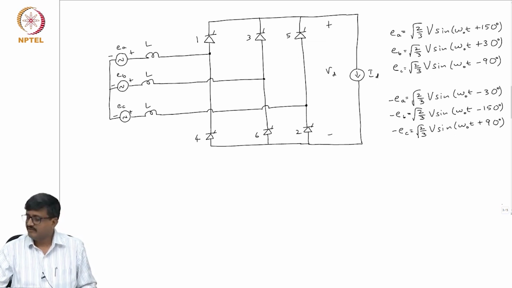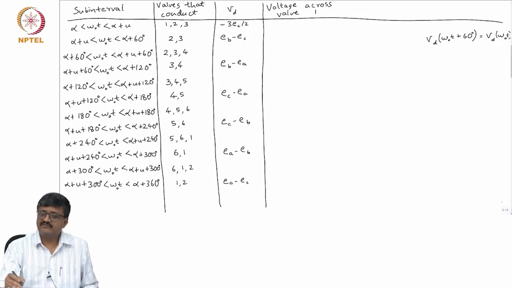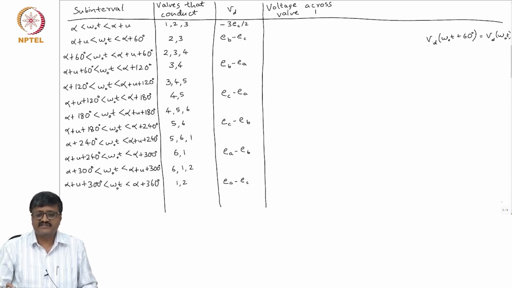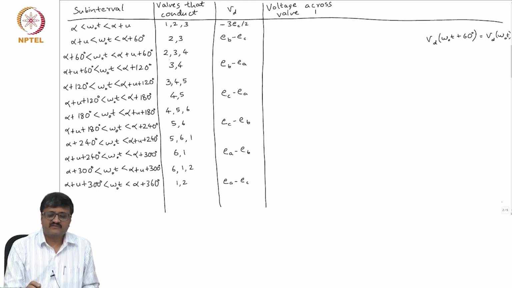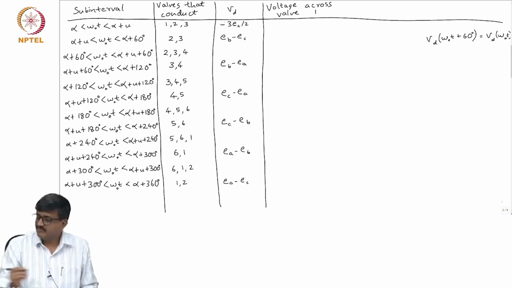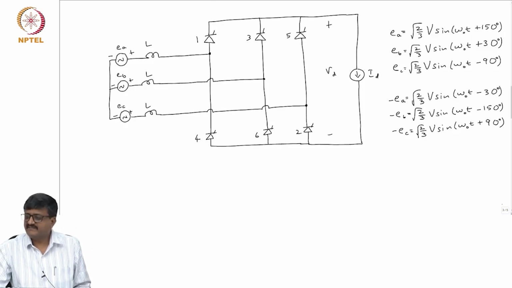So, I can use this information and also the fact that the DC side voltage is periodic with 60 degrees to get an expression for VD. I have to take some voltage among EA, EB, EC, minus EA, minus EB, minus EC, which is lagging minus EC by 60 degrees. Minus EC has a phase angle of plus 90 degrees. So, which waveform is lagging minus EC by 60 degrees?